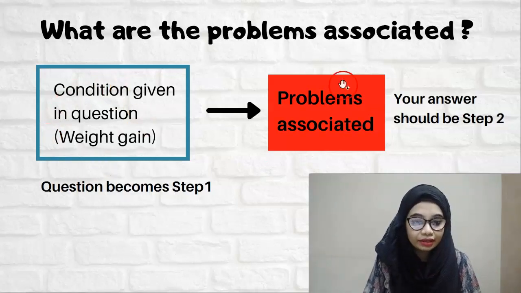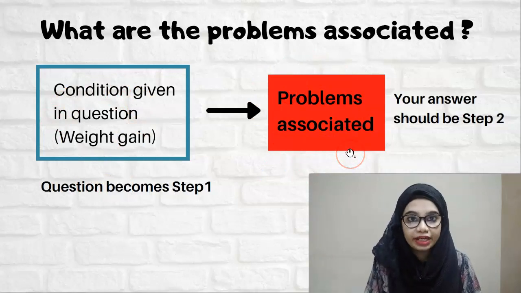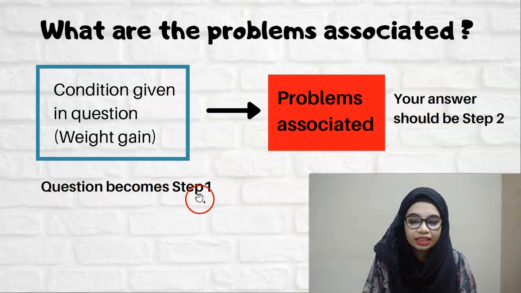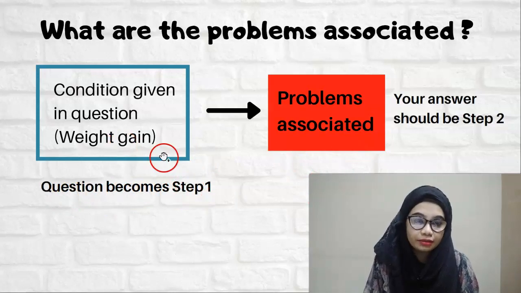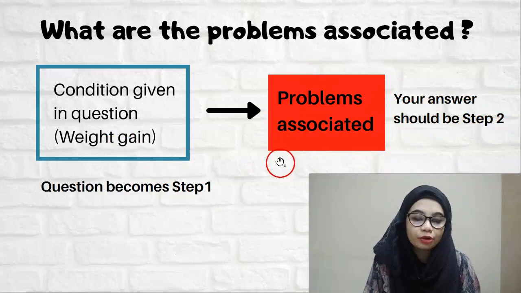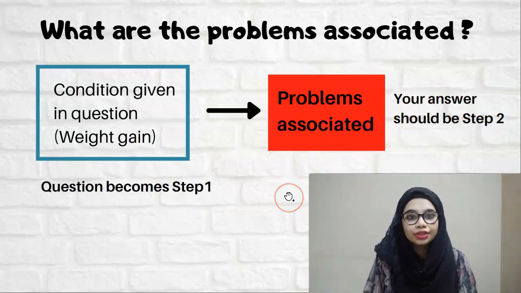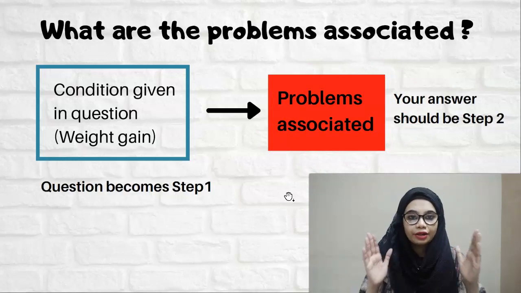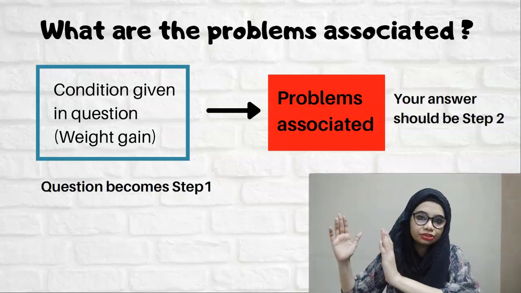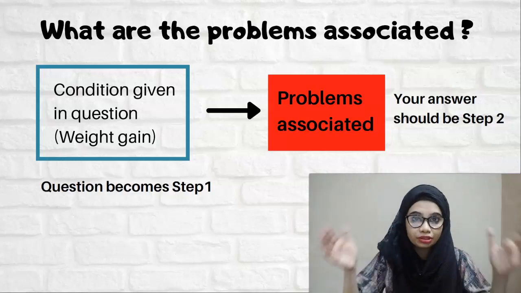Color coding, remember: problems associated, red. Causes was green. So the question becomes step 1, in this case weight gain, and your answer should be step 2, in this case problems associated. I hope this helps. This is just one part of the flowchart, and the one we saw before was another part. We will put this all together at the end.